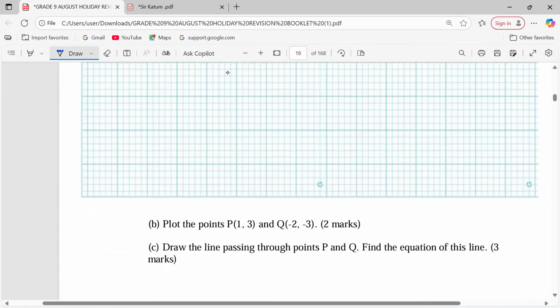This is the y-axis. Then the x-axis, we need to pass through the center.